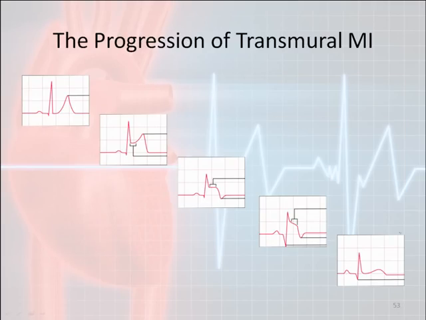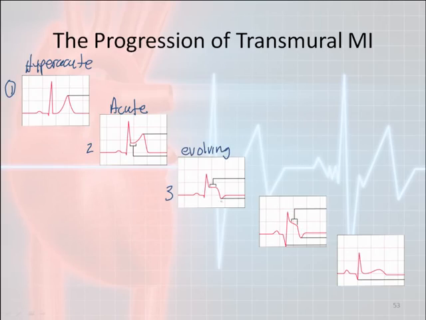So just as a brief overview here, if you look at the first phase all the way over here, here's number 1. This is the hyperacute. Number 2 over here, this is the acute phase. This is number 3. This is the evolving phase, because the T wave has inverted.